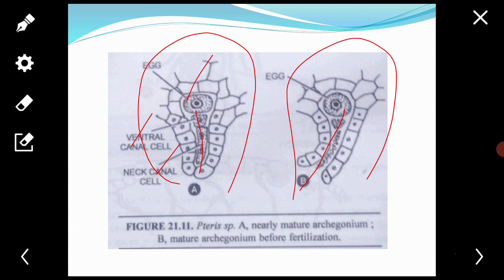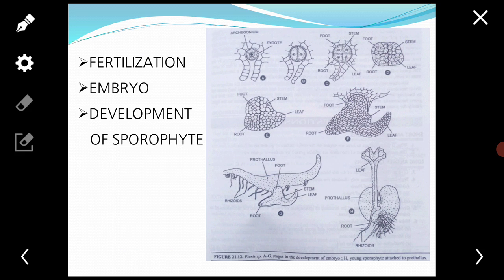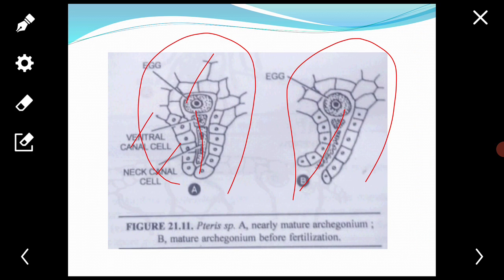Next, fertilization. Fertilization occurs in the presence of water. The water fills the space between the lower surface of the prothallus and the soil.